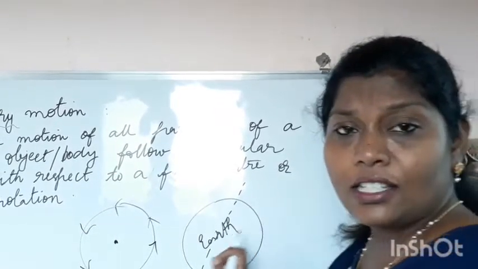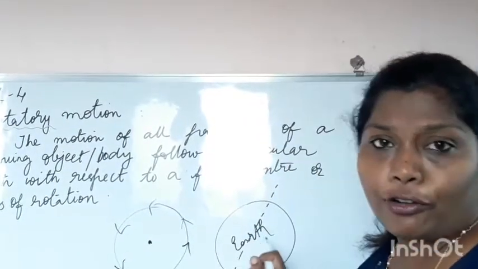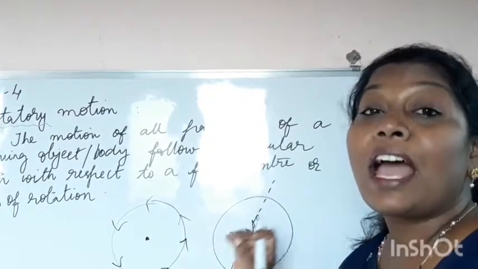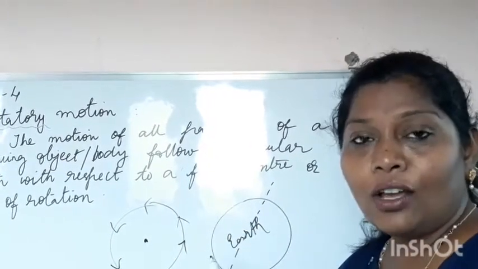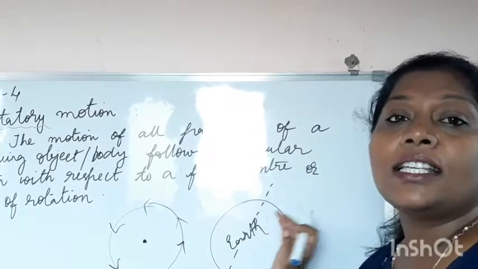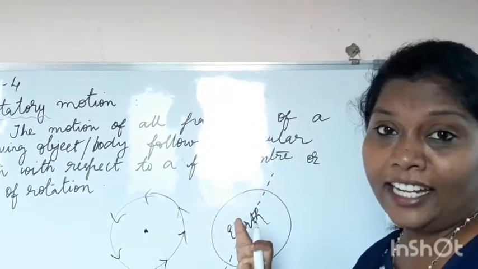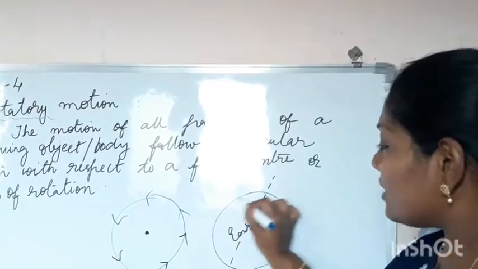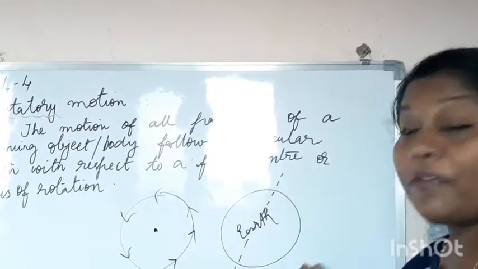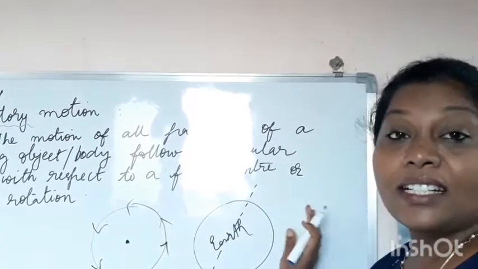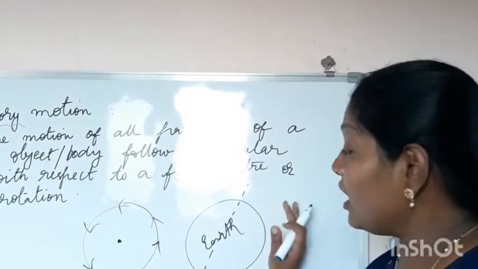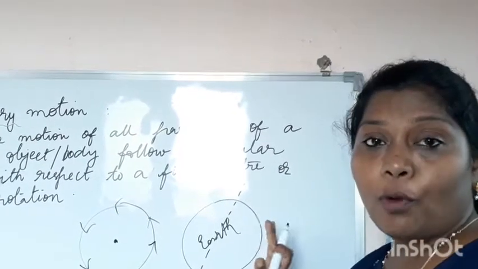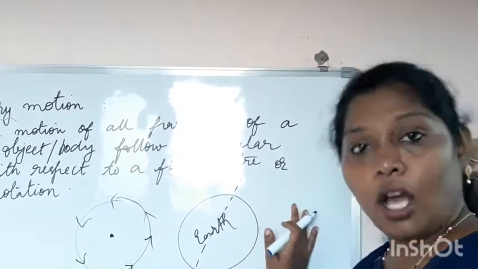In your lower classes, I think you have heard of this axis of rotation. It is an imaginary line on which the earth is said to be rotating. As the earth is in the form of a circle, definitely it should have a fixed point on which it can rotate.